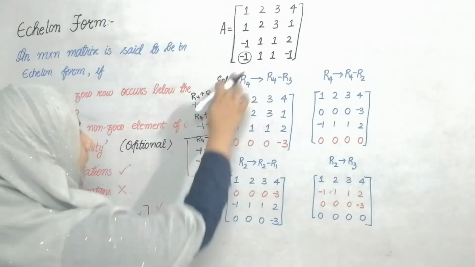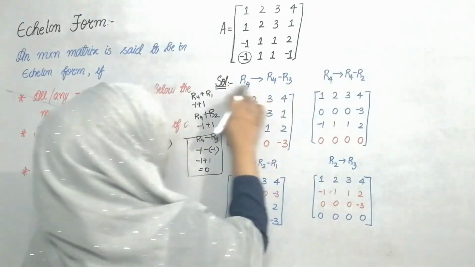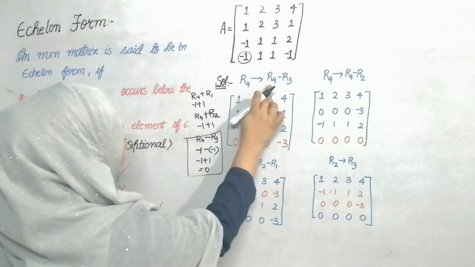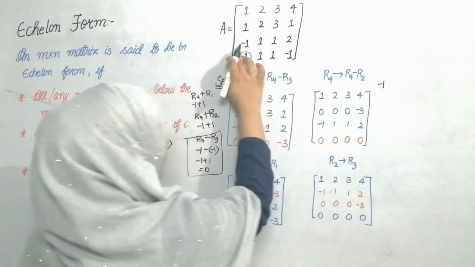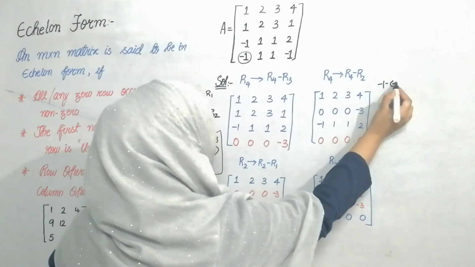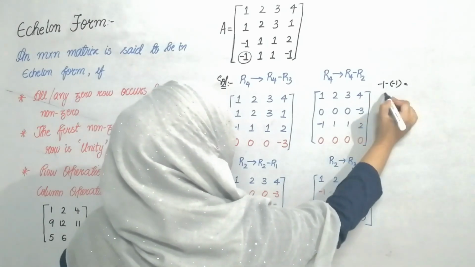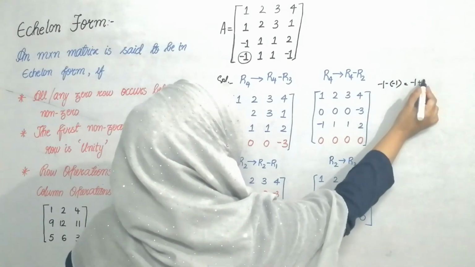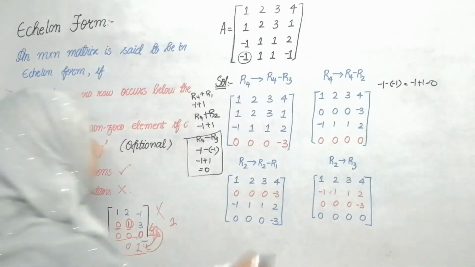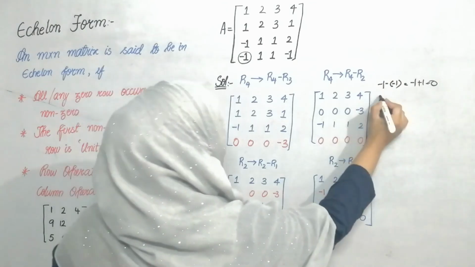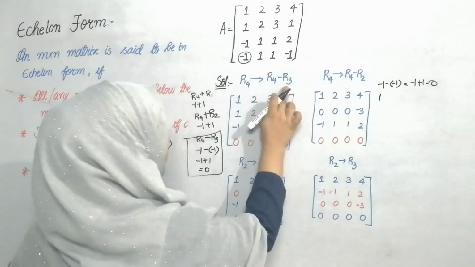So what happens? It will look like this. R4 will be R4 minus R3. So R4 is minus 1. Minus of minus 1 will give you what? Minus 1, minus of minus, plus 1. So minus 1 plus 1, 0. Done. Next one, 1 minus R3.